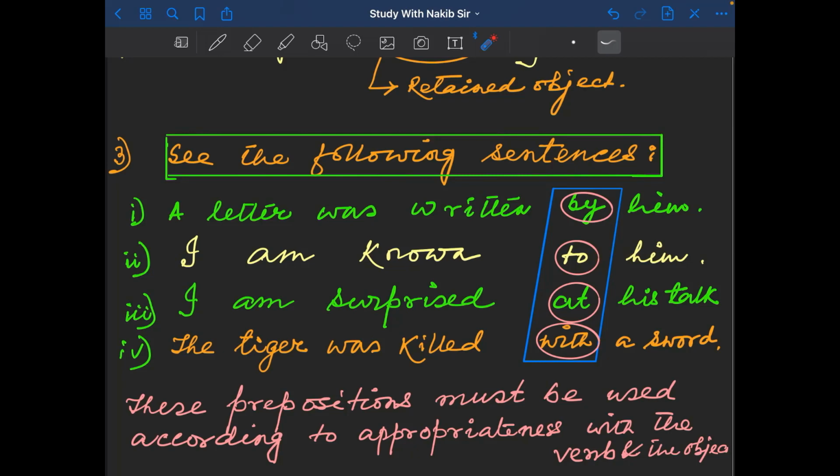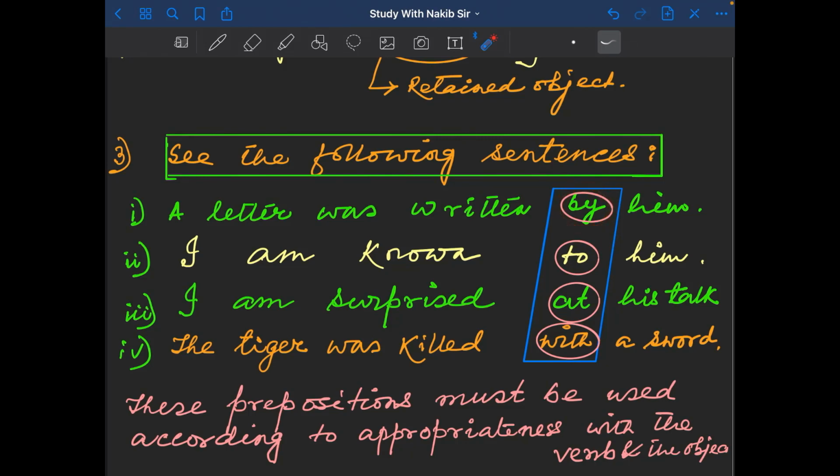"I am known to him" is accepted all over the world by usage. Usage is saying use "to" after known, though technically "by" after known is absolutely correct. So, I am known to him. Here "to" is used in place of "by."